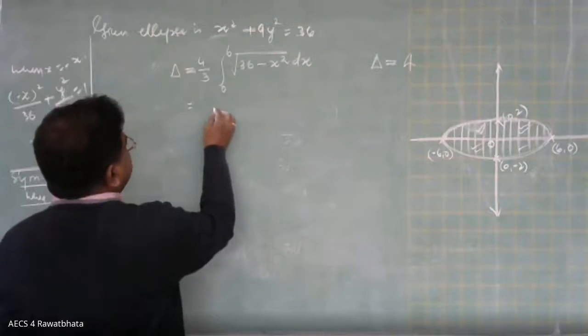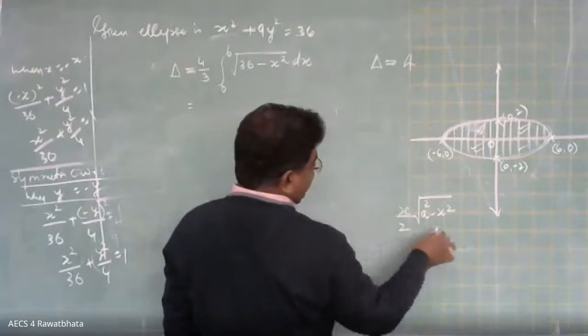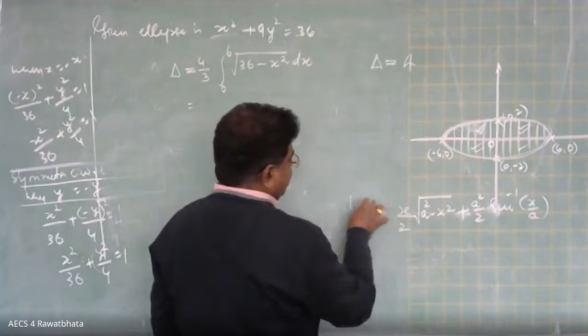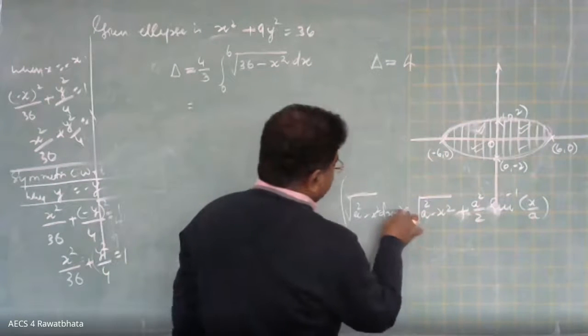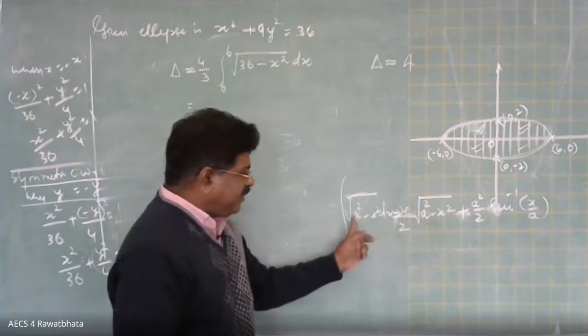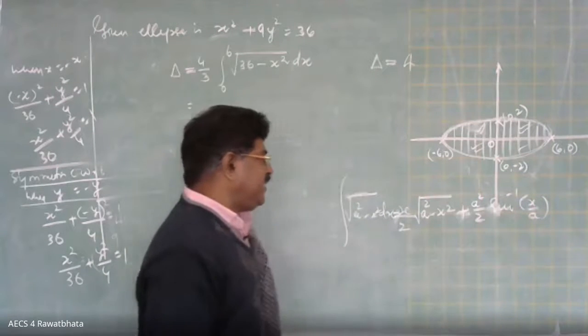Yes, very good: x by 2 root of a squared minus x squared, plus a squared by 2 sine inverse x upon a. Those who can't keep it in mind: x by 2 root of a squared minus x squared is the same thing as the integrand, and then a squared by 2 sine inverse x by a.